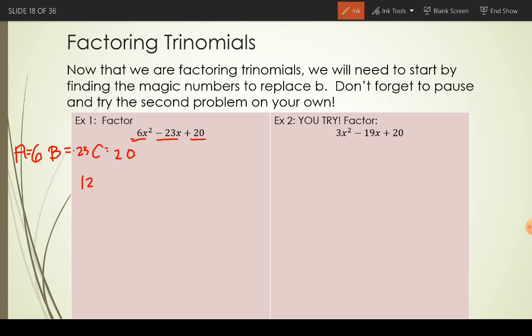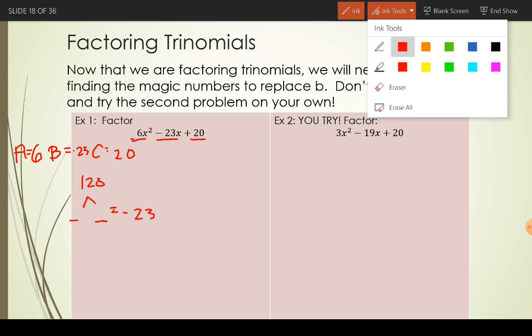So that number goes on the top. Okay, and then we need these 2 magic numbers to not only multiply to 120, but also add to give us negative 23. Okay, well, we are going to have to come up with a list, because this might not be something that we can think of immediately.